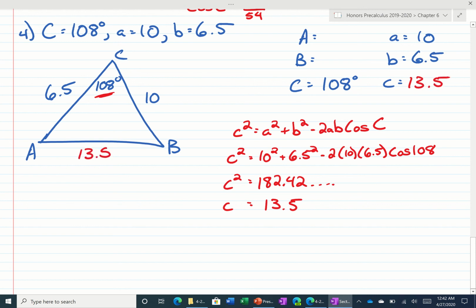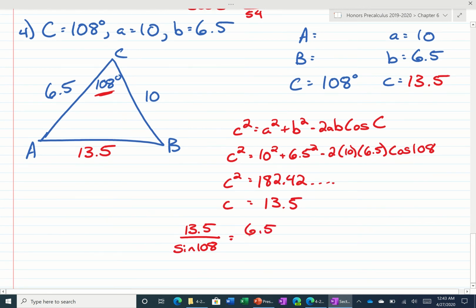Now we can make a full fraction with side C over the sine of angle C, set equal to, it doesn't matter which one we pick. I did A in the one before this, so maybe I'll pick side B here: 6.5 over the sine of angle B. I'm going to do 6.5 times the sine of 108, divide that by 13.5, and take the inverse sine of that.